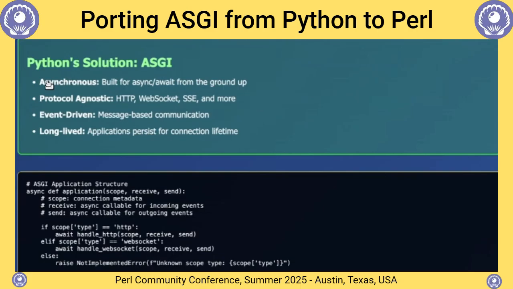On the incoming, unlike with PSGI or WSGI, instead of getting just an environment, a dictionary or hash ref, you get 3 bits incoming: scope, and then 2 callbacks: a receive callback and a send callback. The scope is just a hash ref that contains information about the server you're running on, and to a certain degree about the request.